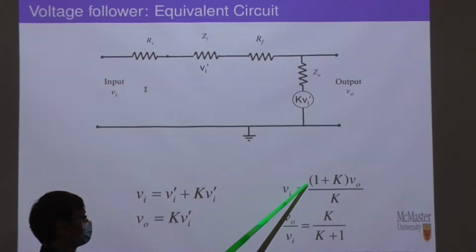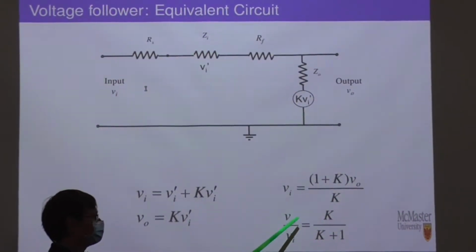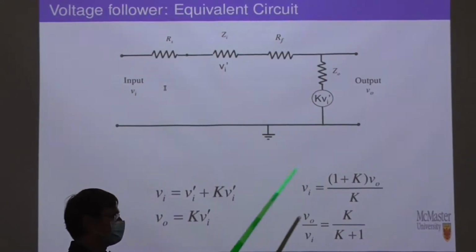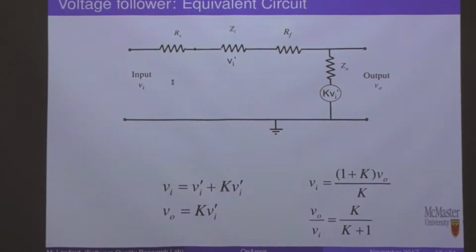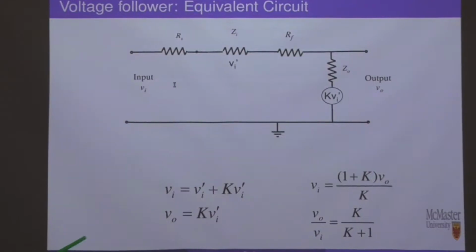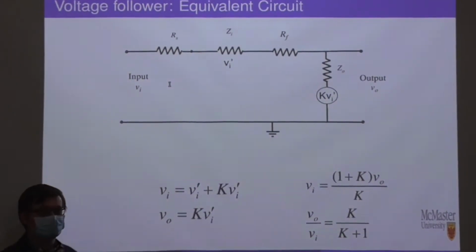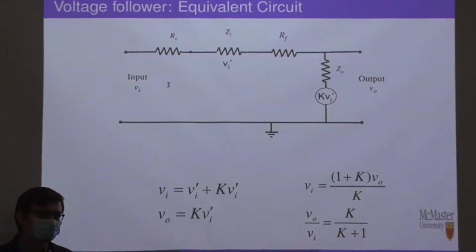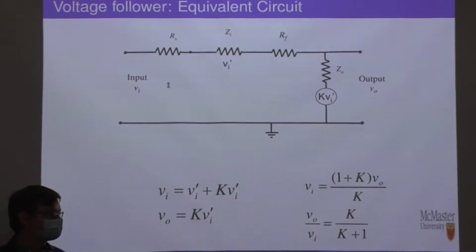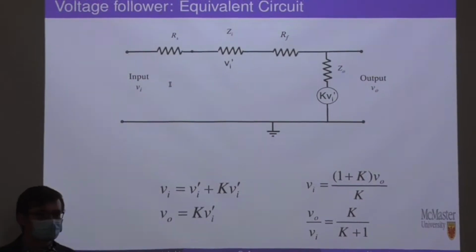Vi, therefore, is equal to 1 plus K Vi prime, which means that Vo over Vi is K over K plus 1, right? Which is very nearly 1, but not quite 1, right? This is what is meant by near unity gain.